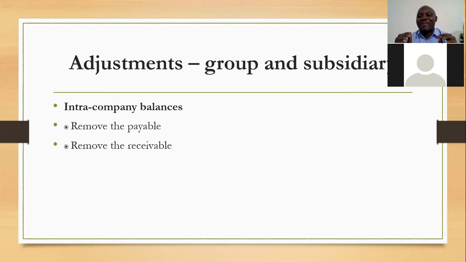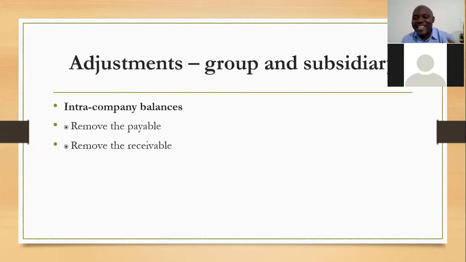These are intercompany balances. So we're going to remove the payable and we're going to remove the receivable, depending on who is owing whom. If it is the parent company that owes the subsidiary, then in the parent company's books, we are going to flush out that payable, that obligation that is owed to the subsidiary.